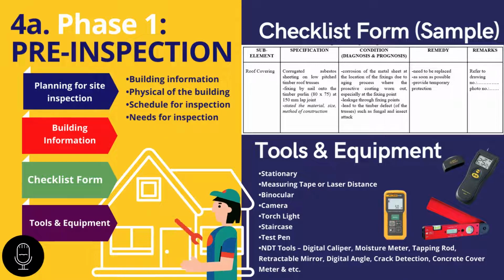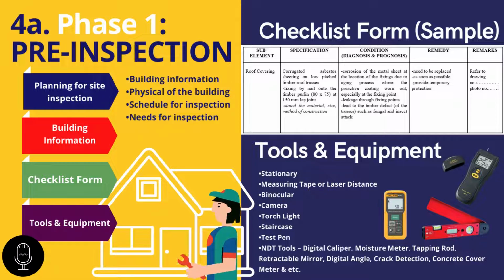Then we have to identify the building information, especially the details of the specifications of the building itself. For the checklist form, we have to identify the details of the sub-elements or sub-components, the specifications, the conditions under diagnosis and prognosis, the remedies and the remarks.